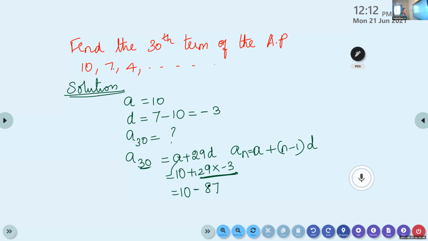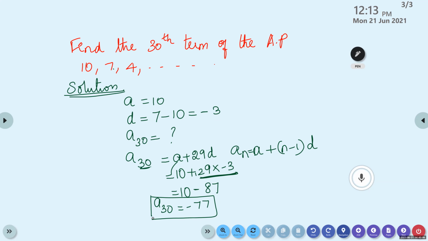So now what is 10 minus 87? Minus 77. Yes, it is negative 77. So A30 is negative 77.